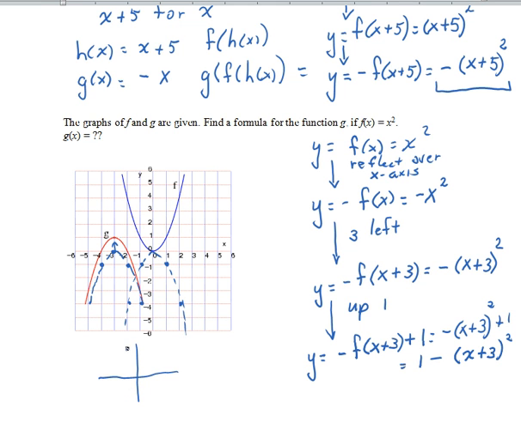Because if we moved the original f of x over so that its vertex was correct to start with, and then we reflected, the curve would go down here, and that would not be correct. So this idea would not work.